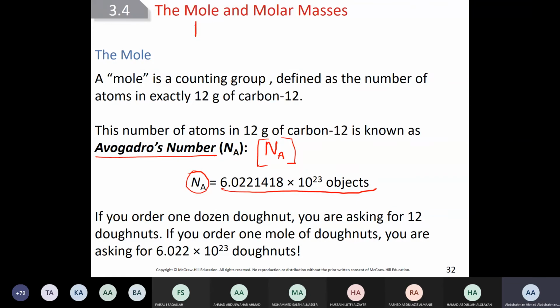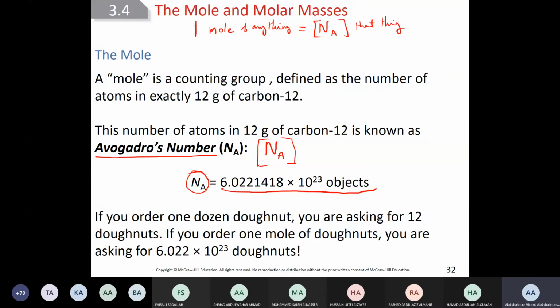So if I say 1 mole of anything is equal to what? Na of that thing. What do I mean?